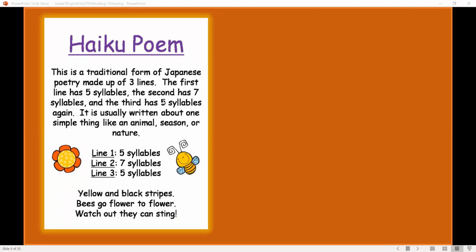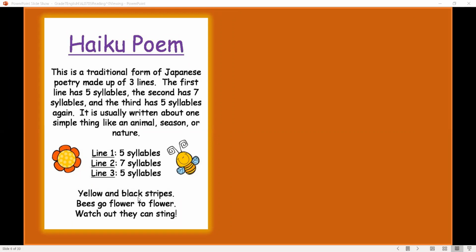Okay, but there are a few rules about it. Your first line needs 5 syllables. For example, I think you do understand what syllables are. For example, one on the page says yellow and black stripes.